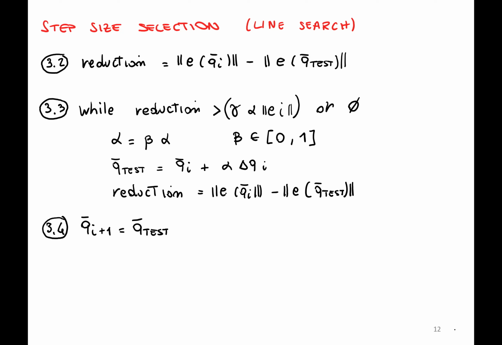So in general, I consider the reduction, and while the reduction is not positive, I reduce the step. I multiply the step of 1, for example, by a factor beta, for example, 0.5, and each time I reduce the step by half, and then I compute a new test configuration, and I check the error reduction for that configuration with respect to the previous iteration.